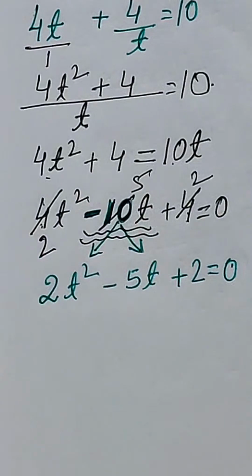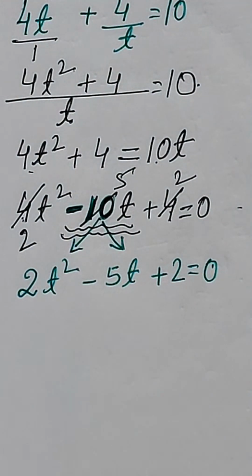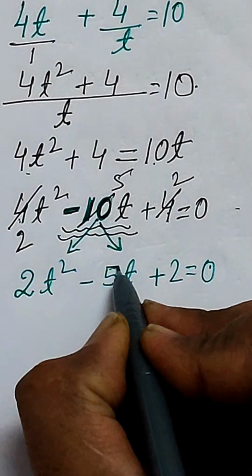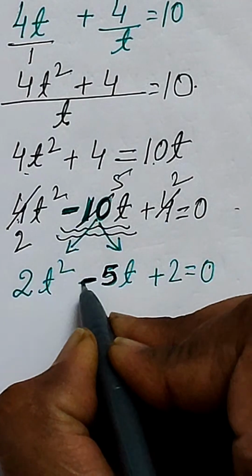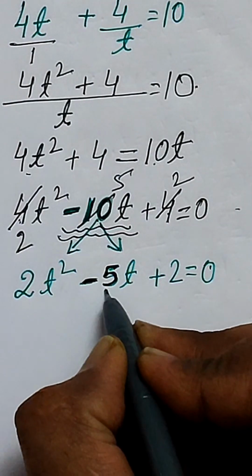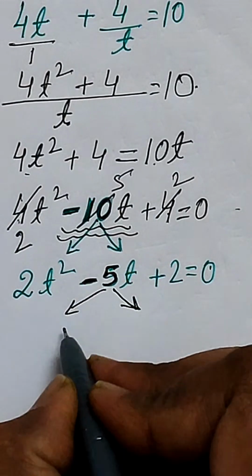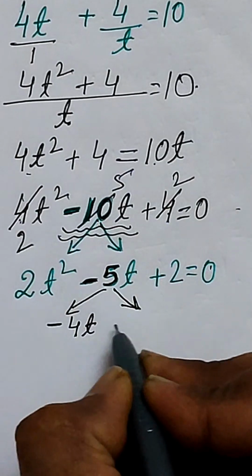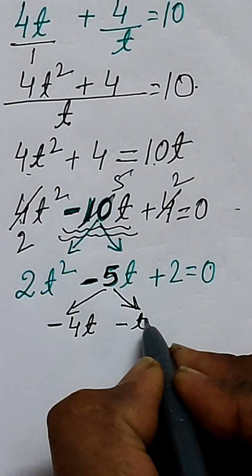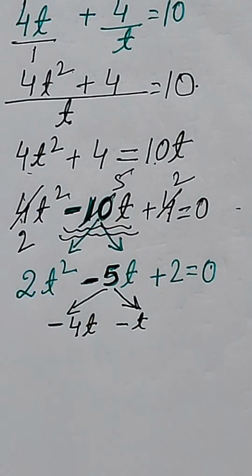Now, when our equation looks like this, we will split the middle term. This is the middle term, minus 5t. When this is split into two parts, we can write it as minus 4t and minus t, because when you add them you get minus 5t, right?